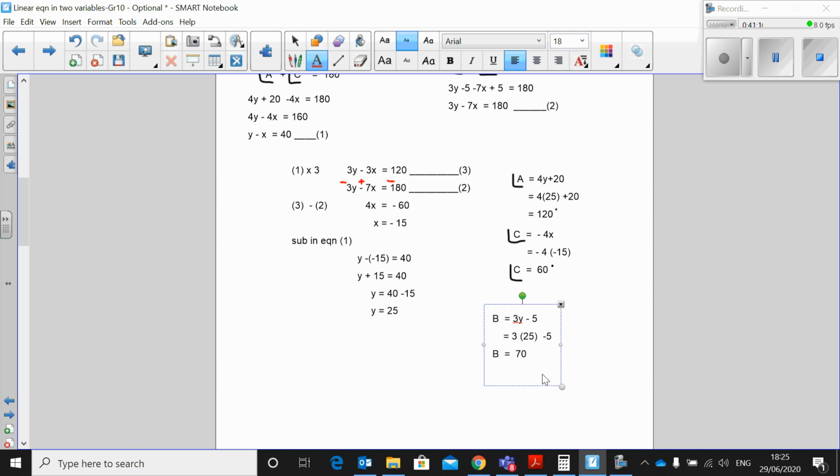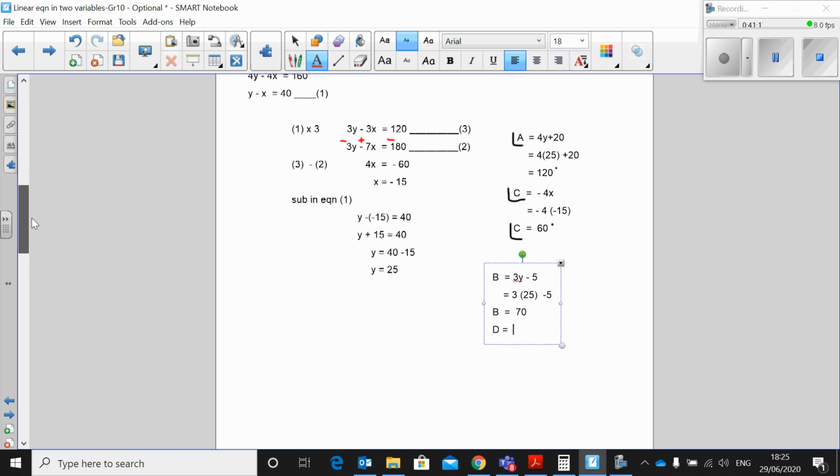Let us move on to angle D. What is angle D? Minus 7x plus 5, correct? Minus 7x plus 5, which is equal to minus 7 times minus 15 plus 5.